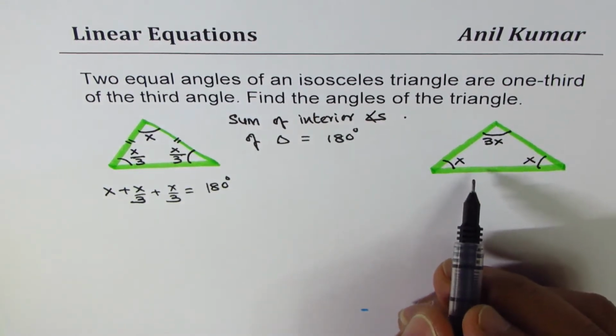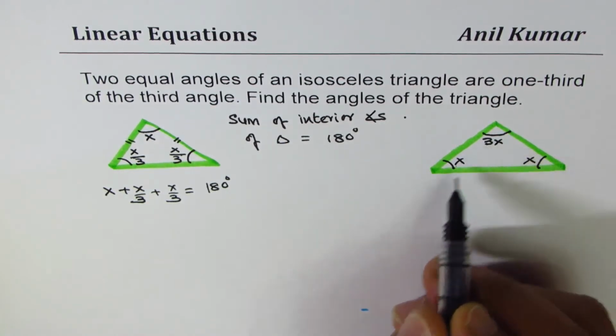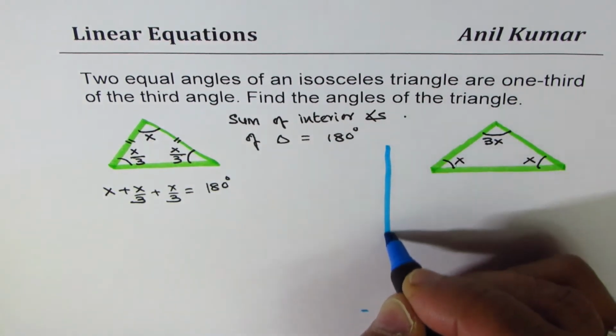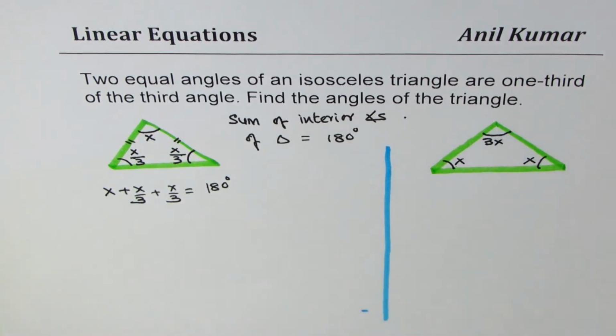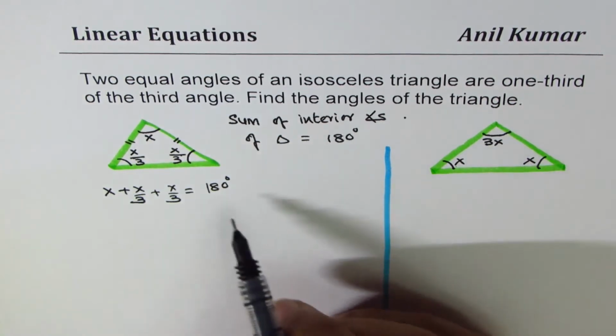Now also, these angles are 1/3 of the third angle. Do you see that? Does it make sense to you? It becomes still 1/3 of the third angle, right? So if you could make a diagram like this, it could simplify your work.